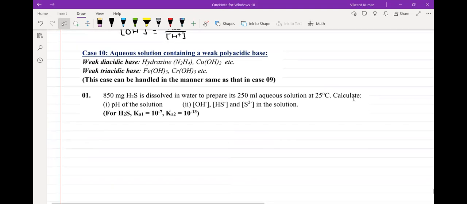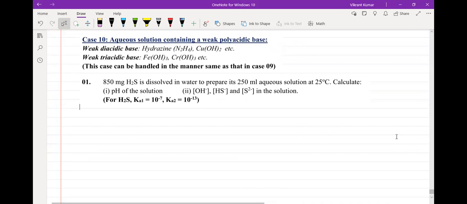Okay sir, so OH minus is 10^-10, okay. H2S to HS minus is 10^-4 and okay. S2 minus is 10^-13. The others? Sir, mine, yes Om, tell me. Sir, my pH is coming 4. Okay. And OH minus 10^-10. Yes.